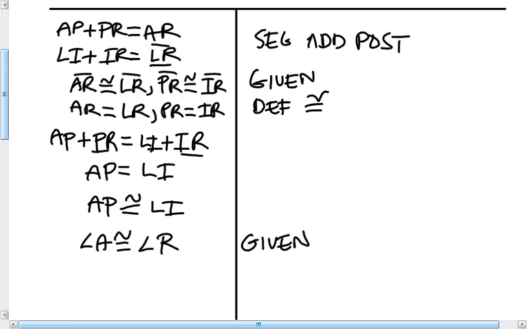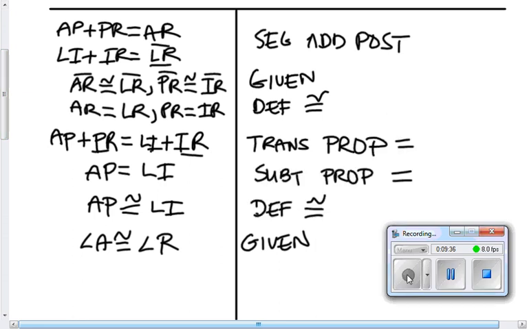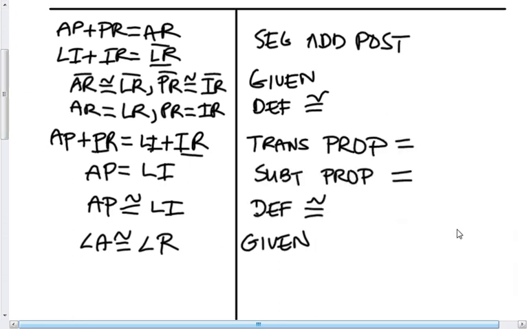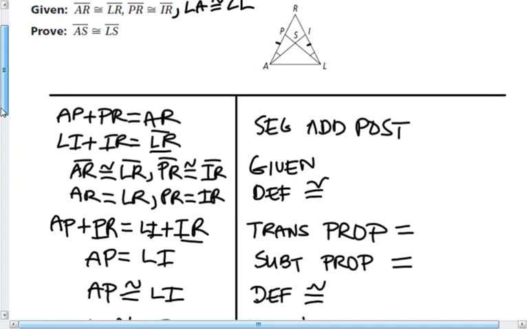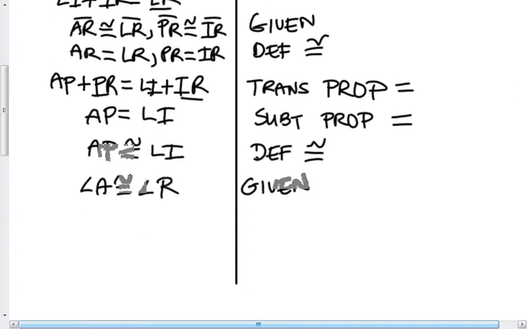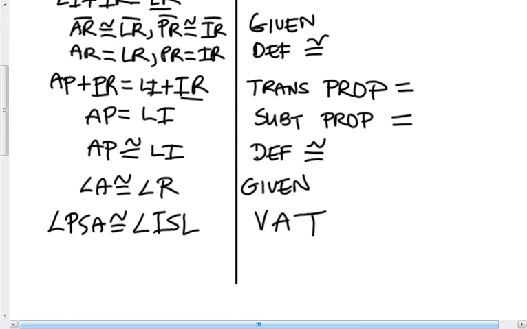I should fill in some of these reasons. So we have angle A is congruent to angle R. We also have angle PSA is congruent to angle ISL. And that is the vertical angle theorem.